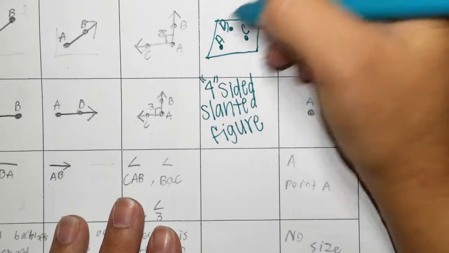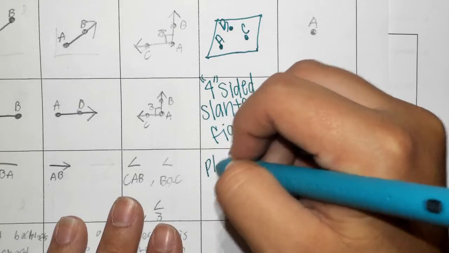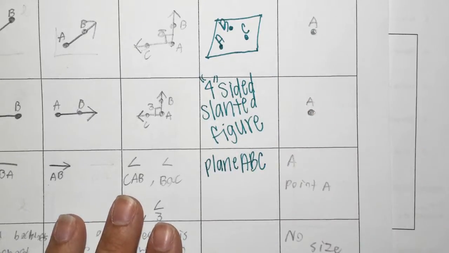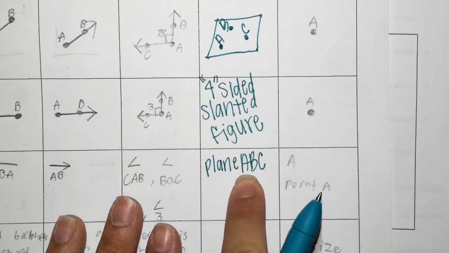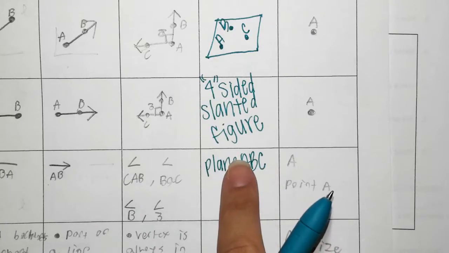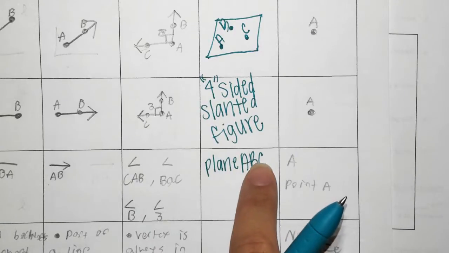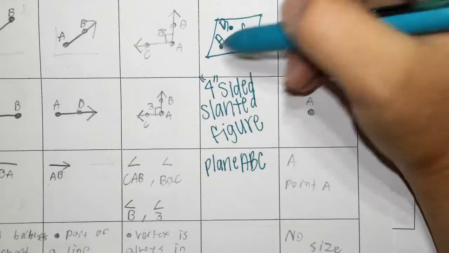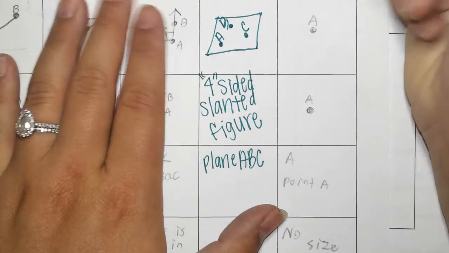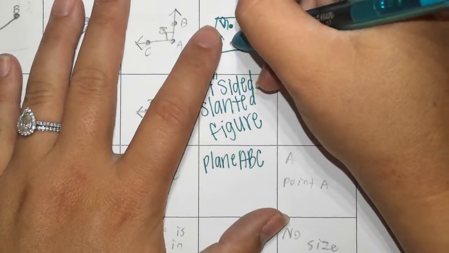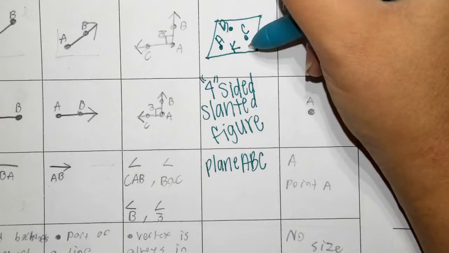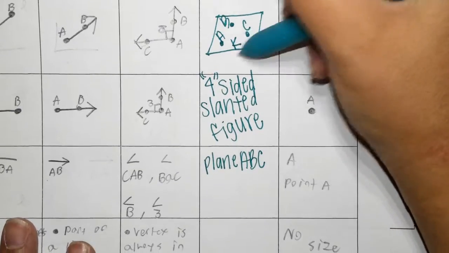Because there's 3 points, we could name this plane A, B, C. Or remember, it can be any order. It doesn't have to be A, B, C. It could be C, B, A. It could be B, C, A. Any order. A, B, and C are points. If there's a letter in your plane that does not have a point, let's say K, we can also use that to name our plane.